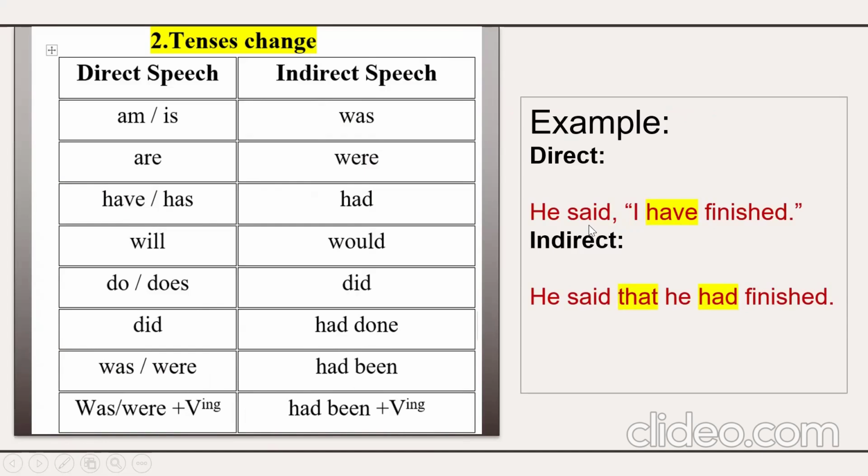Now for example, he said, I have finished. So he said that he had finished, right? Why does have become had here? Because of this past tense, he said. The reporting verb is in the past tense, so the reported speech verb will also change into the past tense.